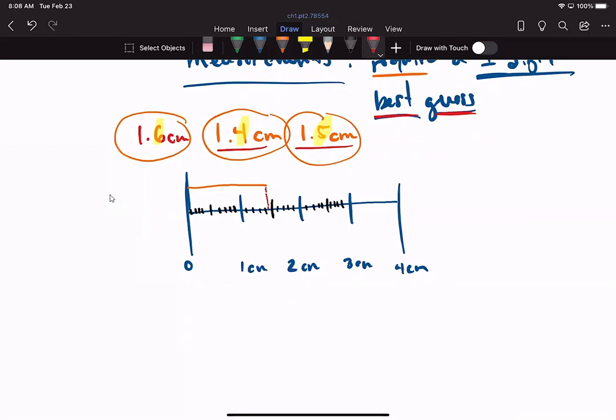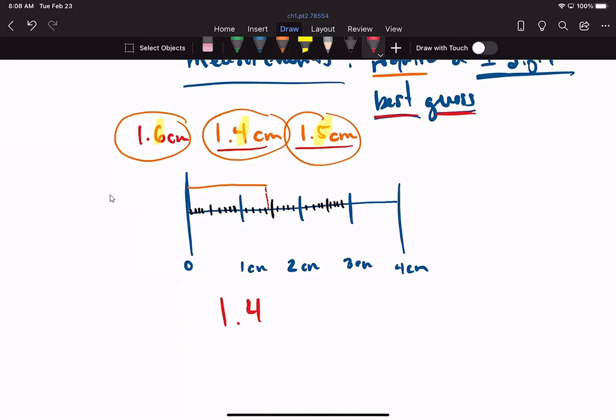I'm 100% certain that a 1 exists in this measurement. It's at least 1.4 centimeters, but it's not quite 1.5 centimeters.